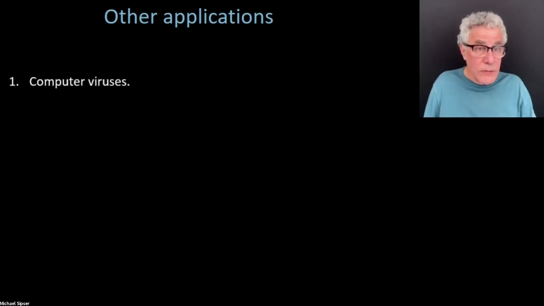So this is kind of a curious application that actually is in a real world where a machine might want to get a copy of itself and then do something perhaps even nefarious with a copy of its own code. And that would be a computer virus.